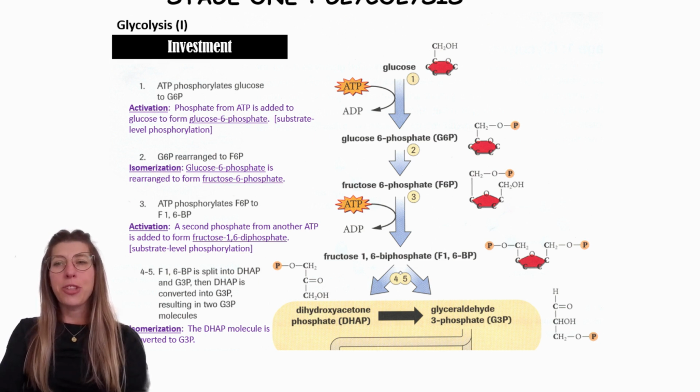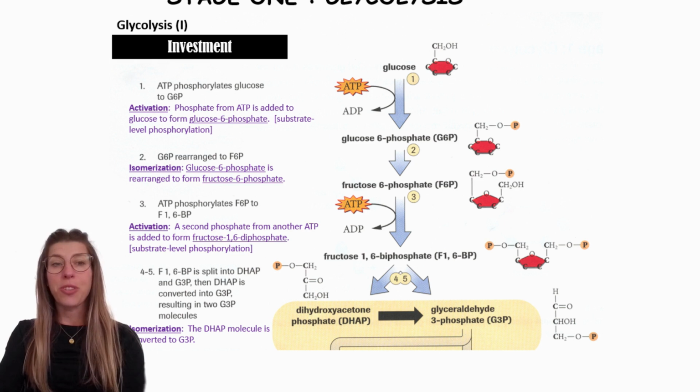So it splits into DHAP on one side, and the other is split into G3P. And this results in the end in 2 G3P molecules. It's a little confusing because it's showing 2 things happening at once, but at the end of step 5, there are 2 G3P molecules that exist.